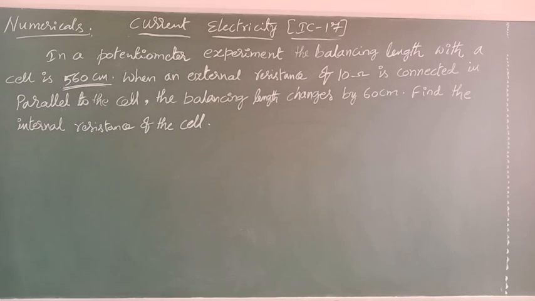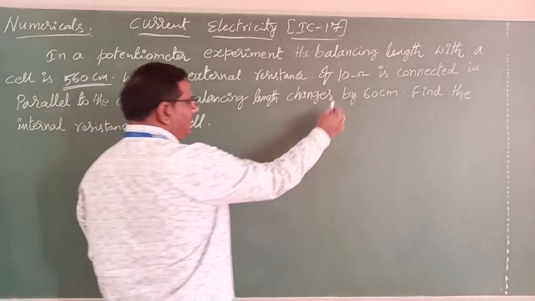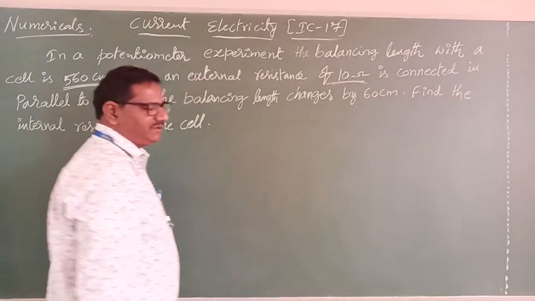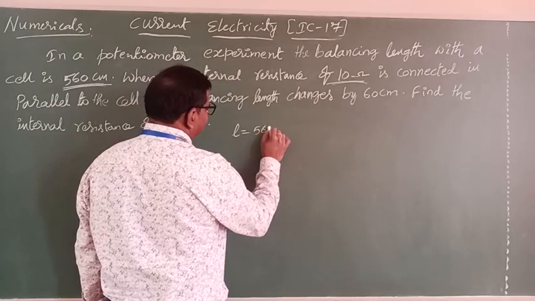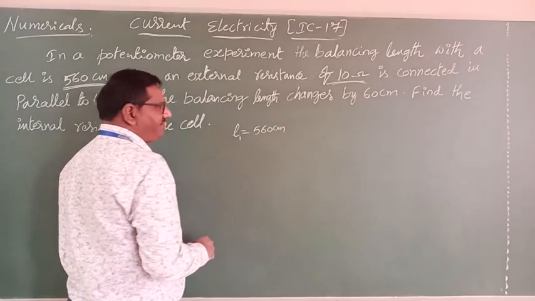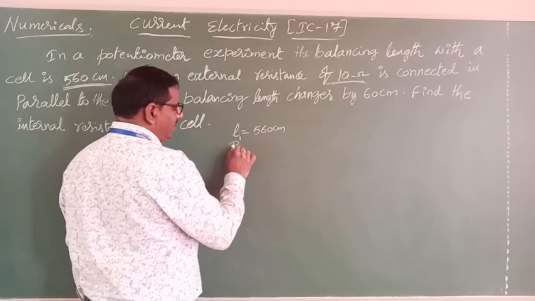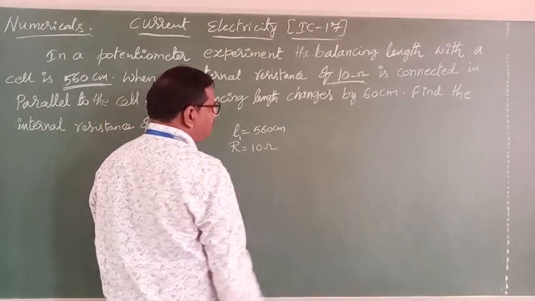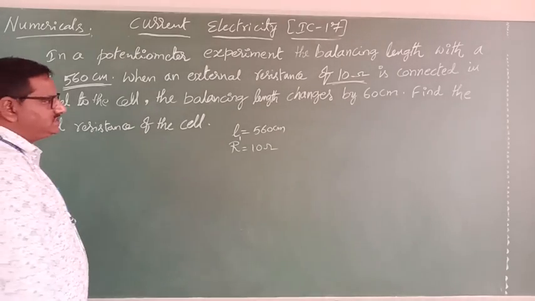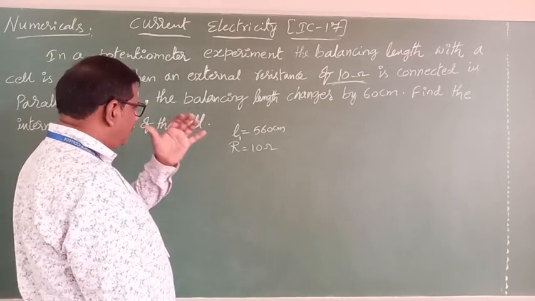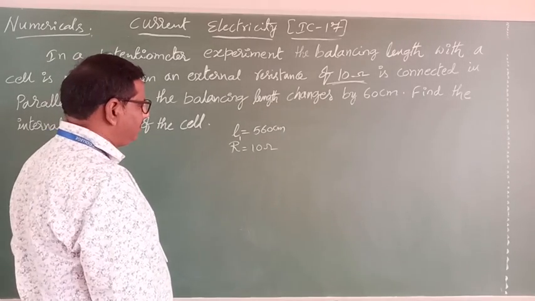When an external resistance of 10 ohms is connected, capital R, the balancing length changes. I take 560 centimeter as L1, and the resistance given is 10 ohm external resistance, which is why I wrote capital R in parallel to the cell. The balancing length changes by 60 centimeters.